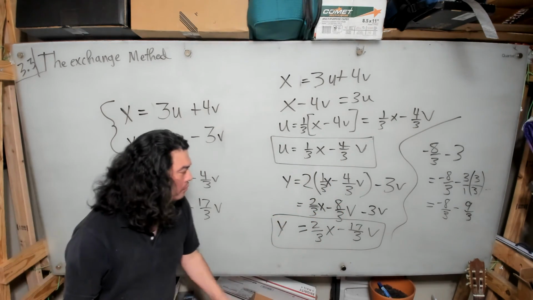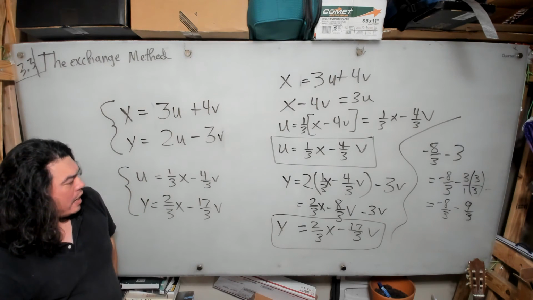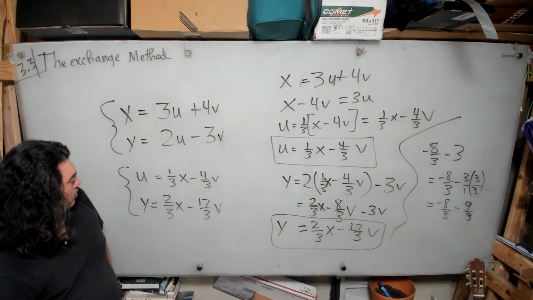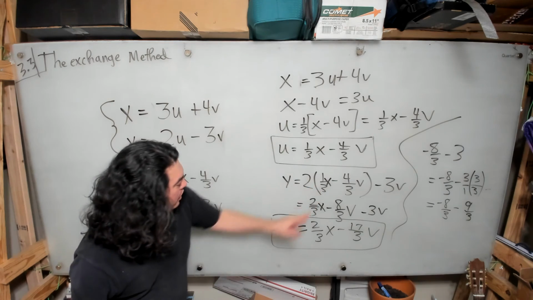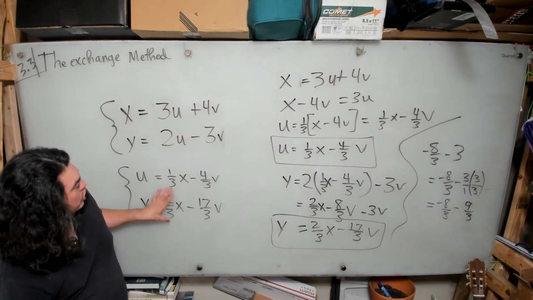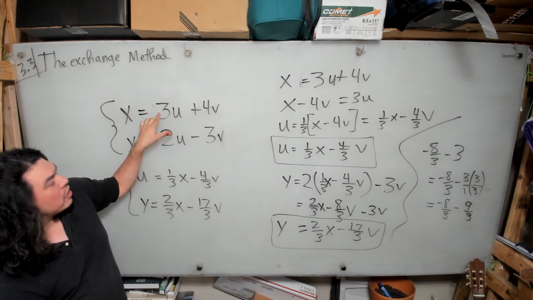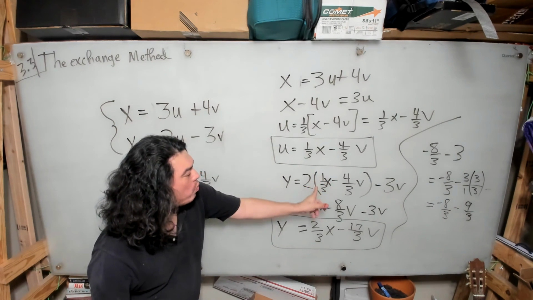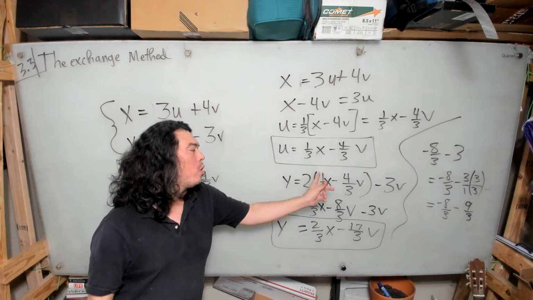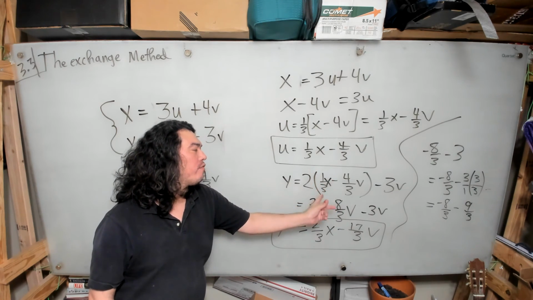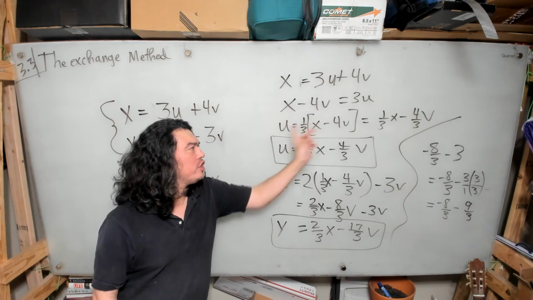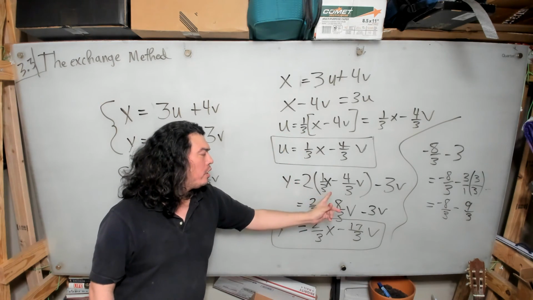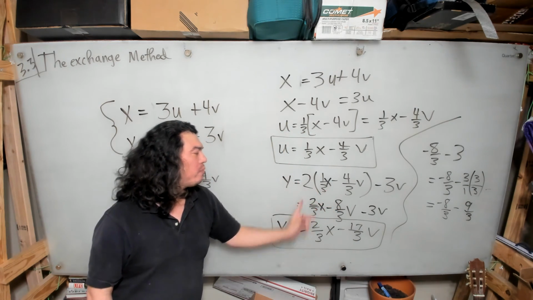And of course the fact that this coefficient came from this coefficient divided by the so-called pivot element comes from the fact that the 1/3 that we got from solving the first equation for the u gets multiplied by the 2.